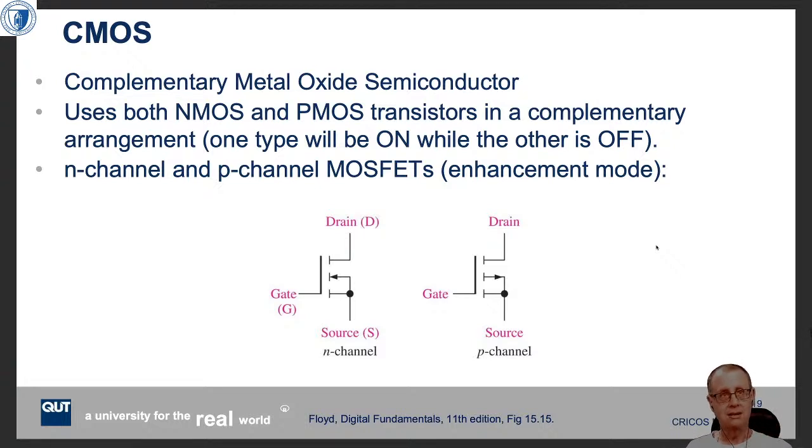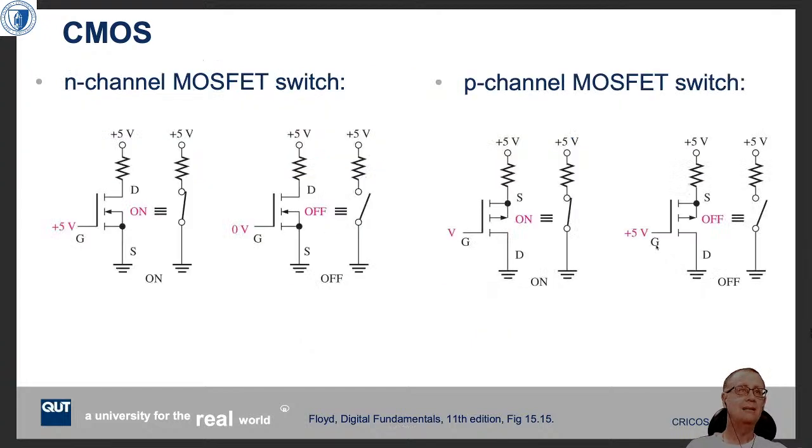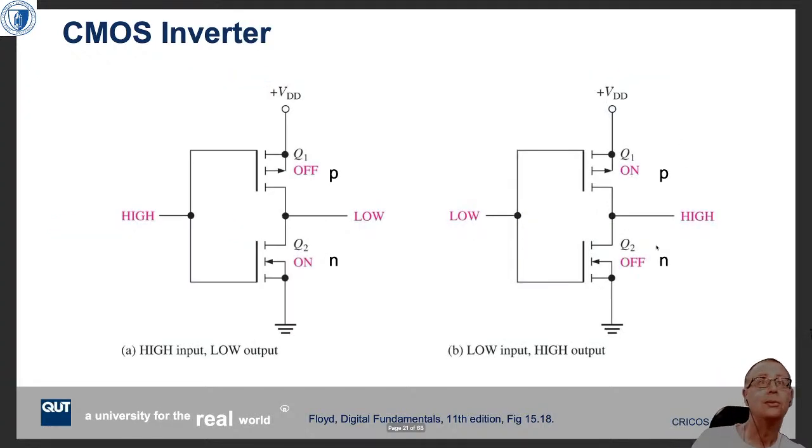And you can see the way that's drawn differently in a FET, a field effect transistor device. Right, the N channel has the source pointing in, and the P channel has the source pointing out. And again, I'm not going to go through this. You should have covered this in your introductory electronics courses.